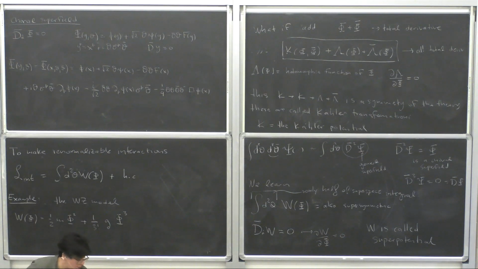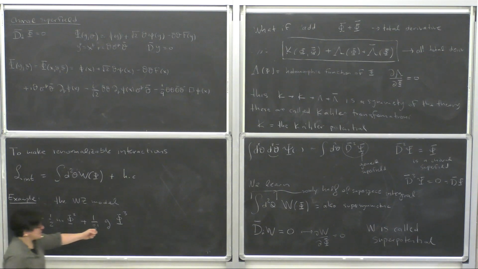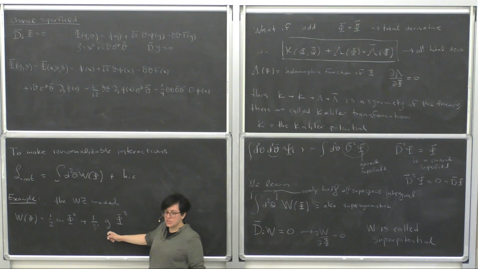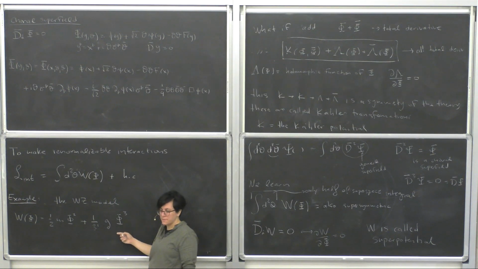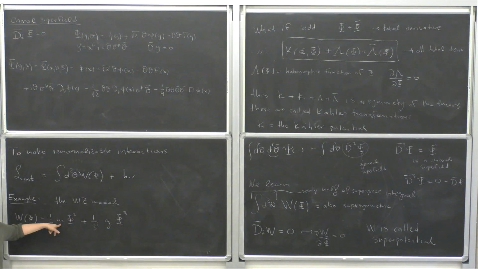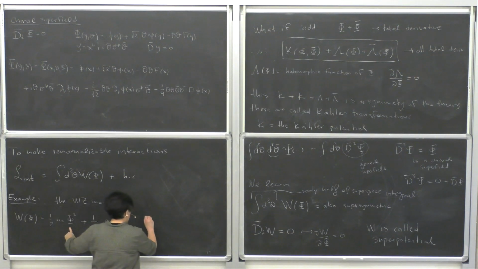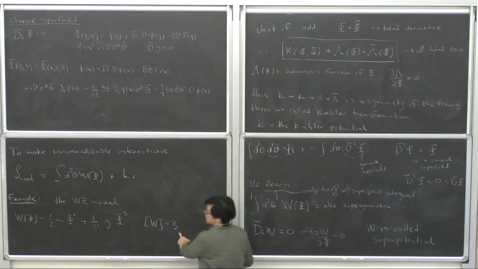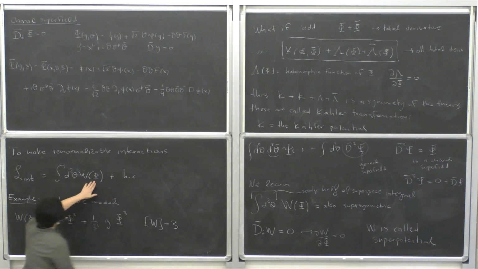Let's do counting, because we can count now. What is the mass dimension of phi? If g is massless, what is the mass dimension of this term? Yes. Now, if this is a mass, what is the mass dimension of this term? Okay, so this amazing superpotential that we wrote now has mass dimension 3. And it needs to be integrated over this.